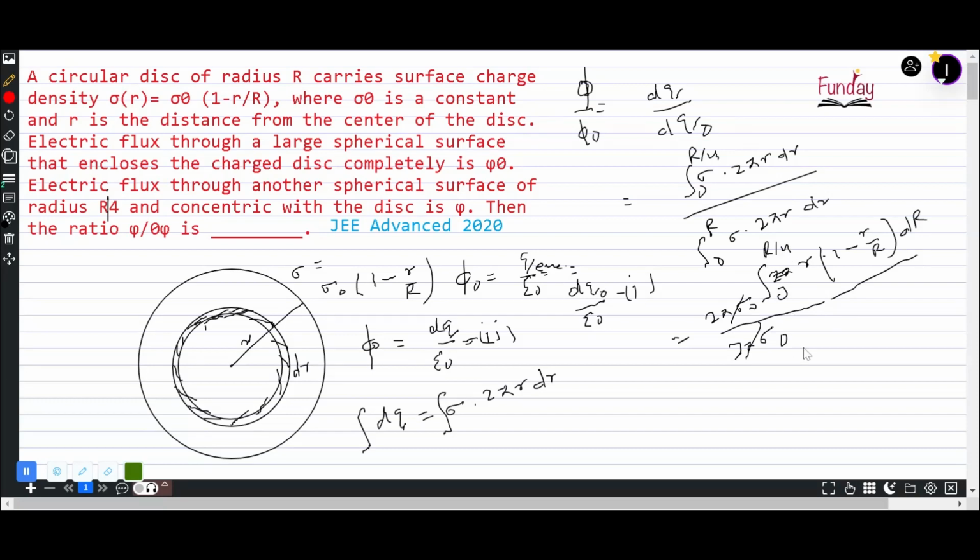And this is 0 to R, the same thing, r (1 minus r over R) dr. Few small mistakes which I have made, I'll correct it. This small r, okay, and this is missing.